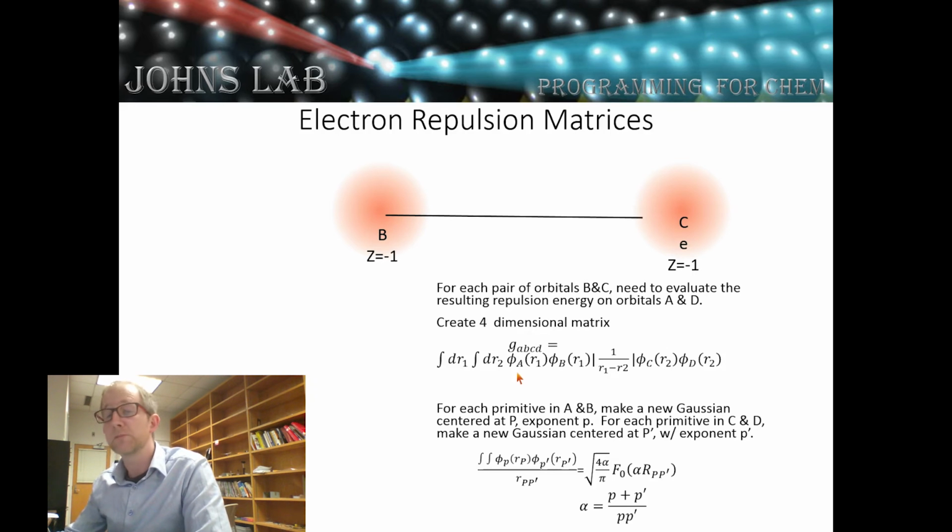We can write a new reduced exponent for those two Gaussian functions, which is going to be p times p prime over p plus p prime. And then we can evaluate that integral as a square root of 4 alpha over pi times the Boys function of that reduced exponent times the distance between Gaussians formed from orbitals A and B and Gaussians formed from orbitals C and D.